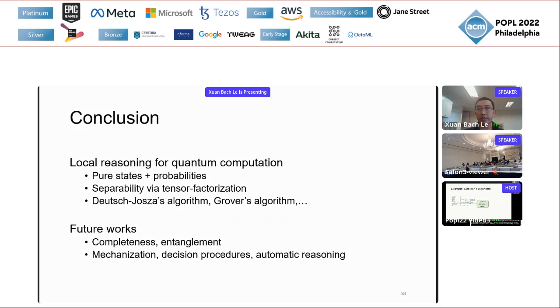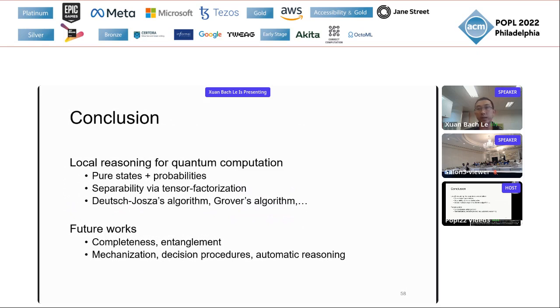So to wrap up, in this work, we propose a reasoning framework for quantum computation with the frame rule for local reasoning. The key idea is to represent the quantum state as a pure state with probabilities, which can enable separability via tensor factorization. For evaluation, we apply our framework to verify various quantum programs such as the Deutsch-Jozsa algorithm and Grover's algorithm.